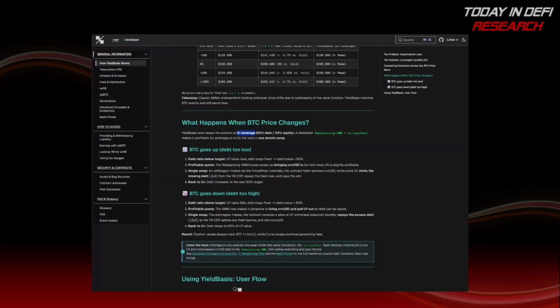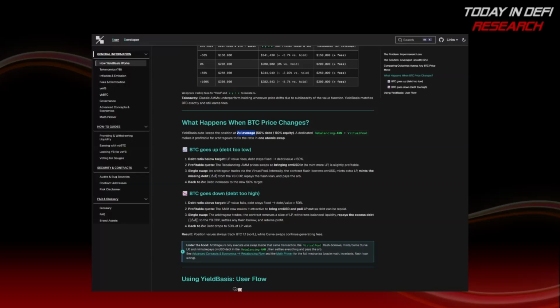With the additionally borrowed crvUSD, they swap those for BTC and supply into the liquidity pool. In this case, the BTC purchase with the newly borrowed crvUSD will hedge against the BTC you're selling when other people come into a liquidity pool to trade against you.